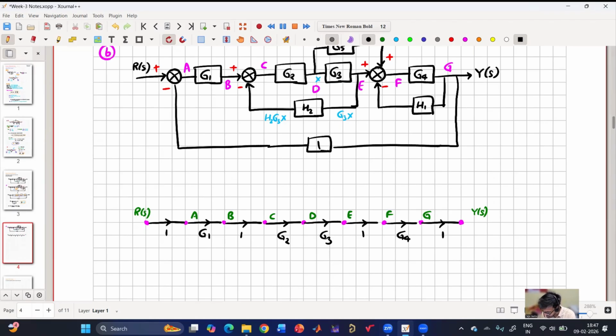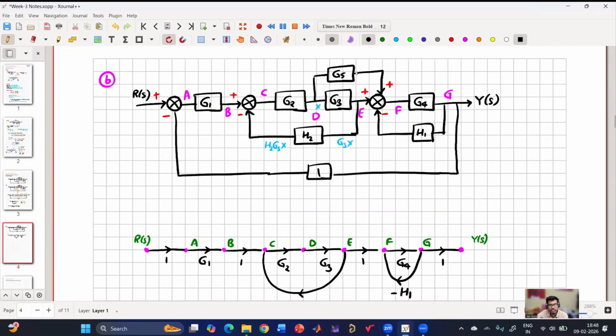Now H1 is from G to F. So this is my loop, which is minus H1. And minus H2 is from E to C. Right, which is minus H2. Right. So anything is missing.